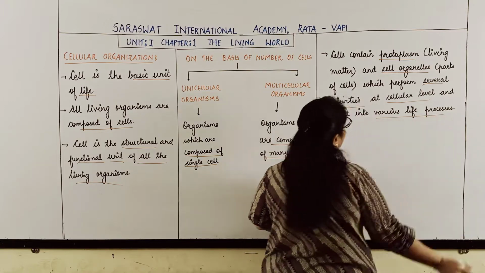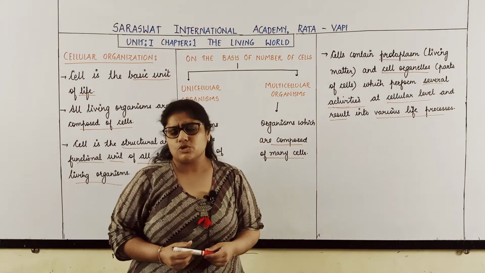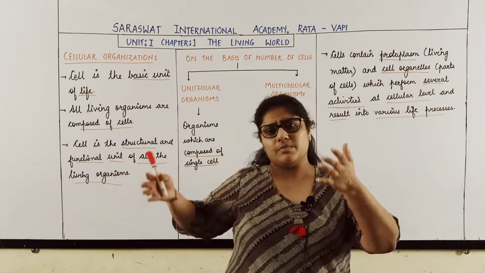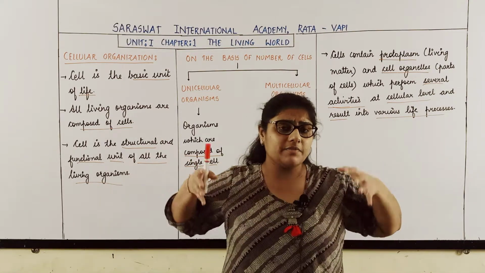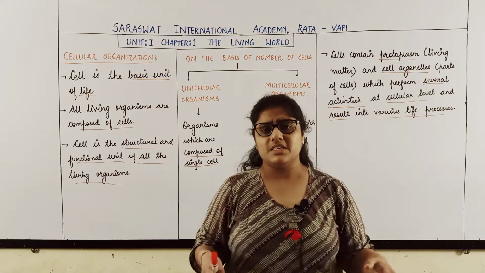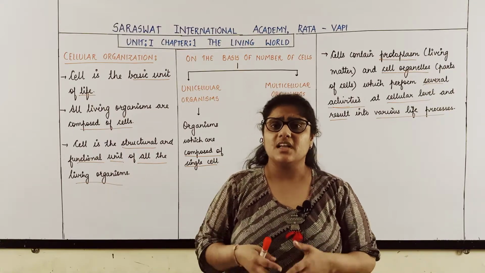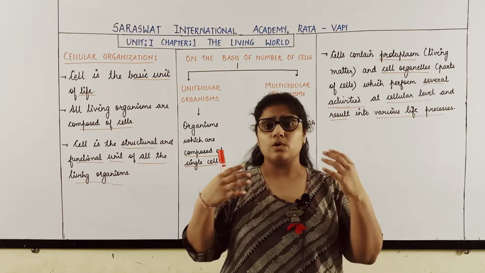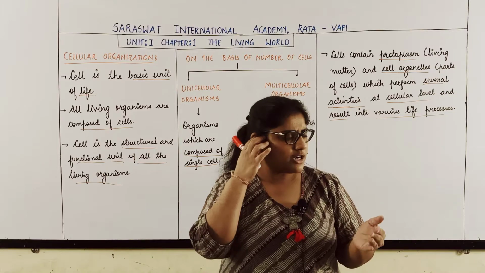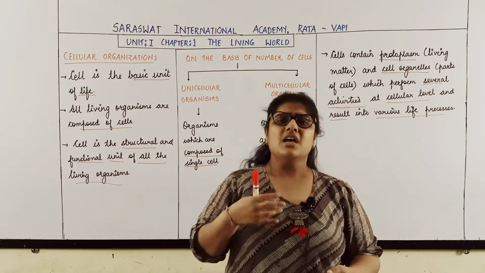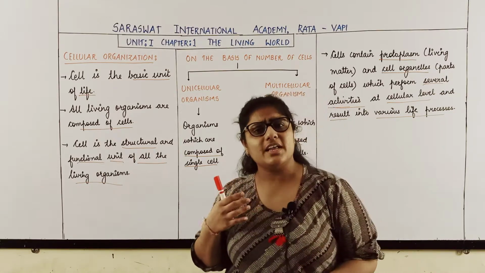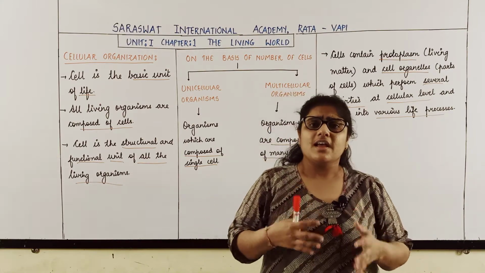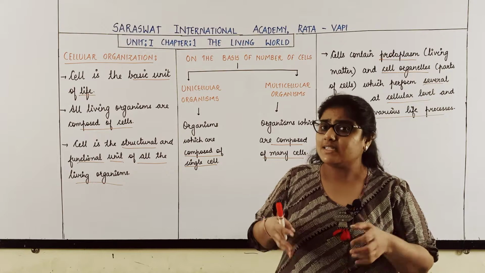the various life processes. Now students, in living organisms many activities, as I told you, metabolism, thousands of reactions occur at a time, and these reactions bring about the different life activities. For example, if I consider a human being, we carry out digestion, respiration, circulation, etc. All these are life activities.